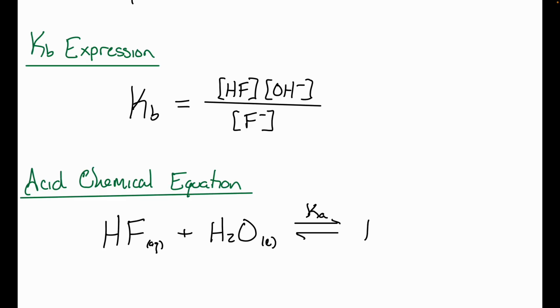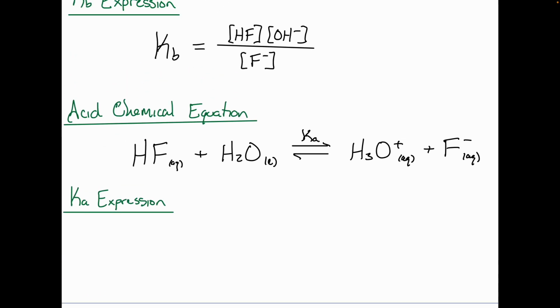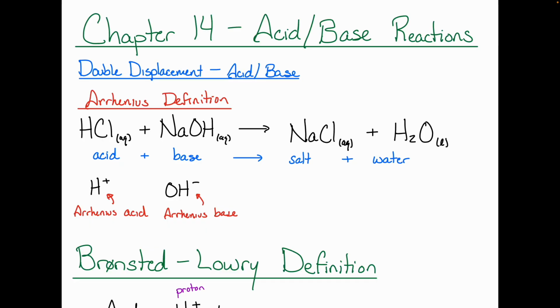And this will create hydronium and those fluoride ions. If we do our Ka expression, products over reactants.